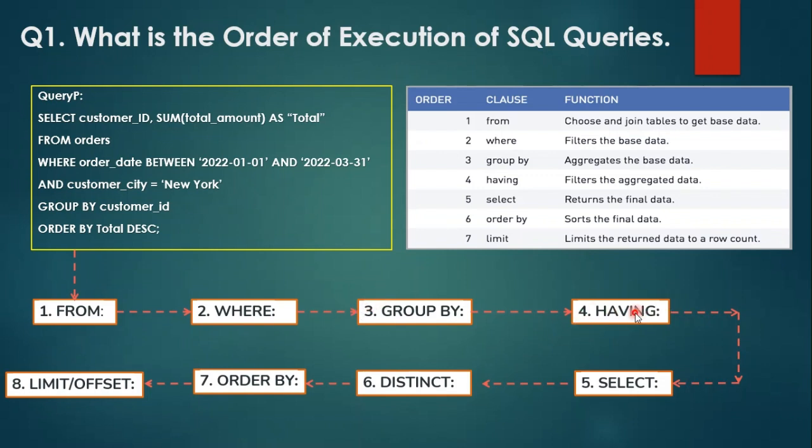So the having clause will be executed at the fourth stage, if used. In this case, there is no having clause. Then it will go for the select. So select will be executed at the fifth position. After that distinct, and after that order by, and after that limit.